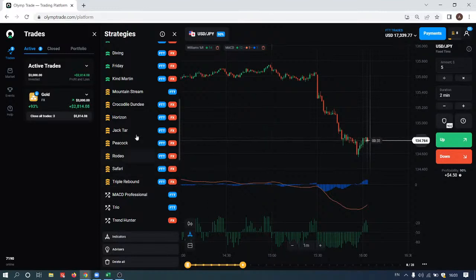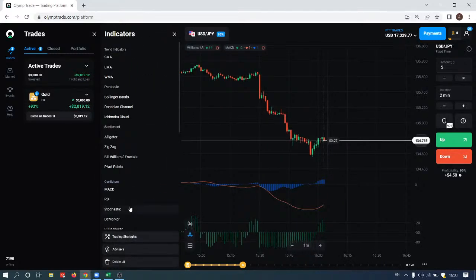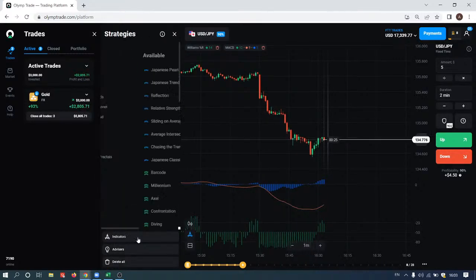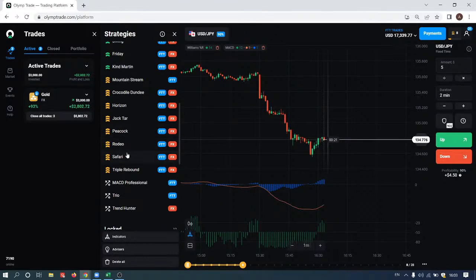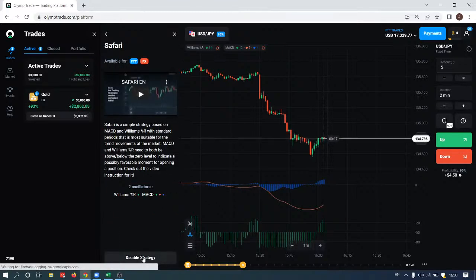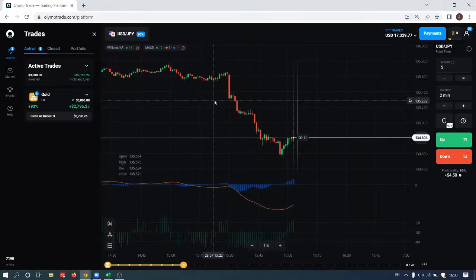How do you do that? You go to the technical analysis tab first. Next, you click on the trading strategies tab. Then you scroll down a little bit to the bottom, and here it is, Safari. I press enable, and this strategy automatically appears on the chart. So basically, a few clicks and we are here.